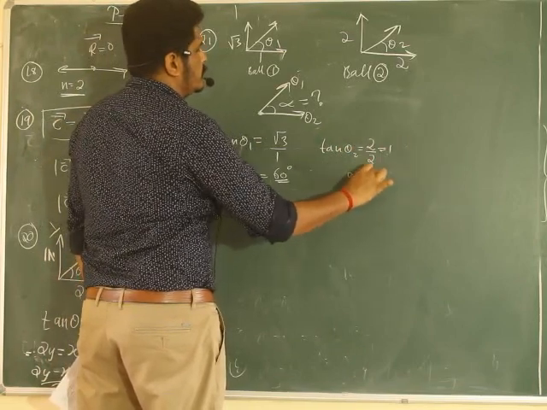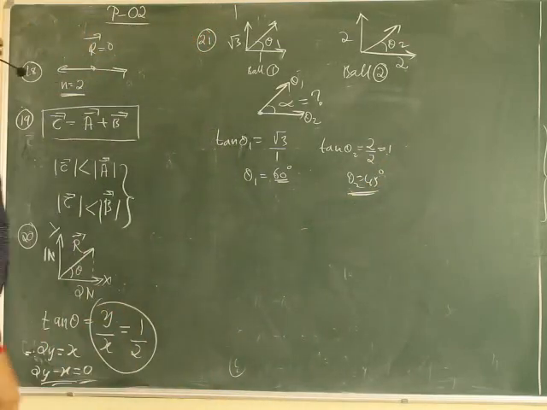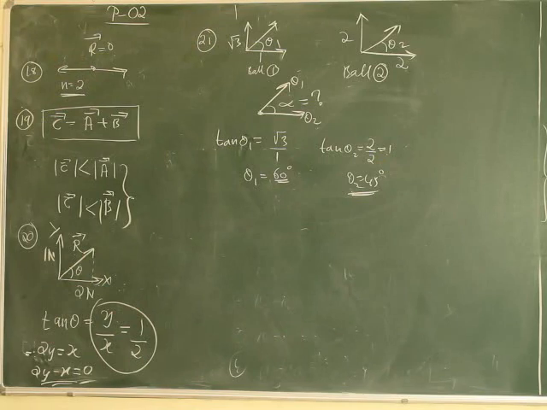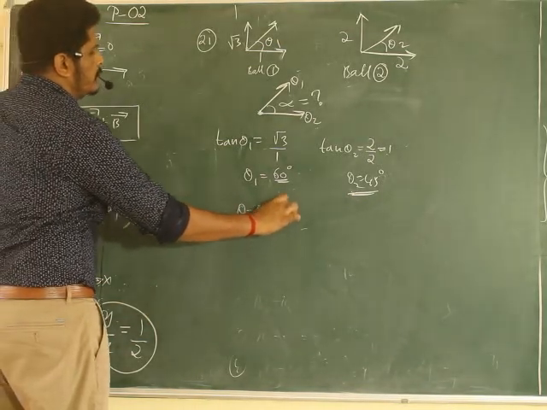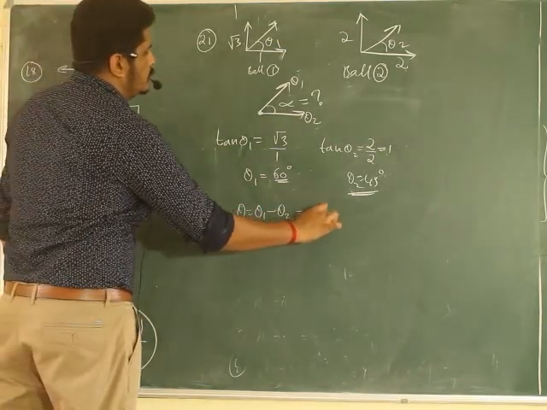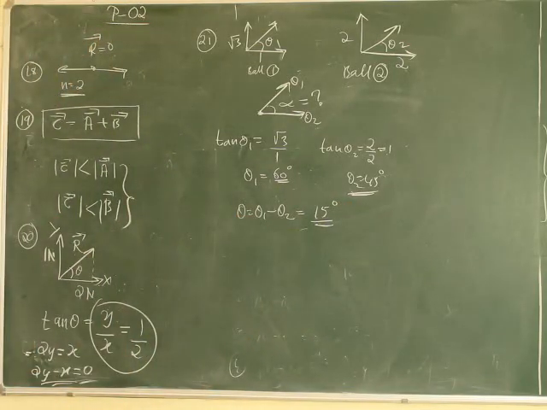That means theta 2 equal to 45 degree. I am just finding out the angles, okay. That angle will give us the information about in which direction the balls are going to move, and the difference between them will give you the final answer. So theta 1 minus theta 2 equal to 15 degree. So the option you can see there is 15 degree.